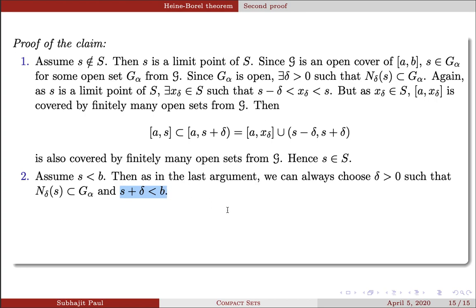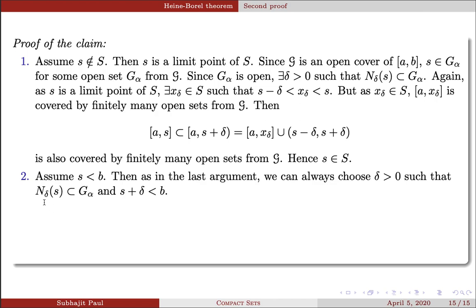We have chosen S to be smaller than B, so that becomes an interior point of the closed and bounded interval AB. So therefore, we can still increase S to some extent so that S plus delta will still be smaller than B, right?